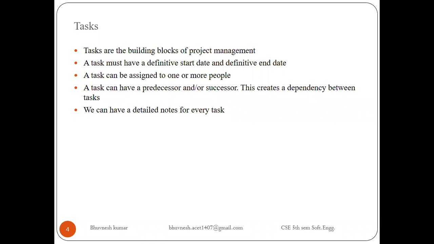Task one is the predecessor of which task? Task two. And task two is the successor of which task? Task one. A task can have a predecessor or a successor, and this creates a dependency between tasks.